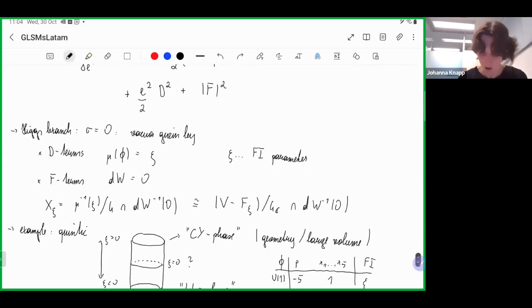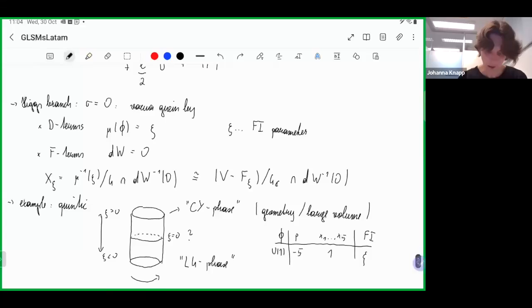And you can solve them. And the solutions will depend on one of the parameters of the theory, which I introduced, which is this Fi parameter. So it's one of the coupling constants. It's a real parameter, and the solution to these D-term and F-term equations, which determine the Higgs branch, can change when we vary these couplings.